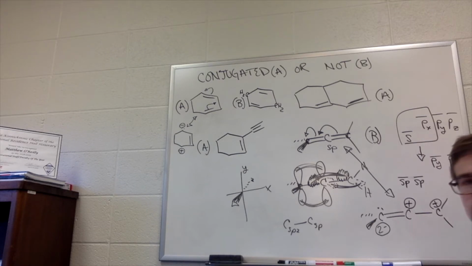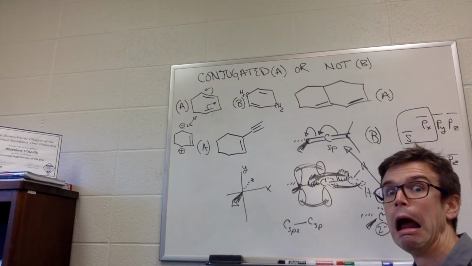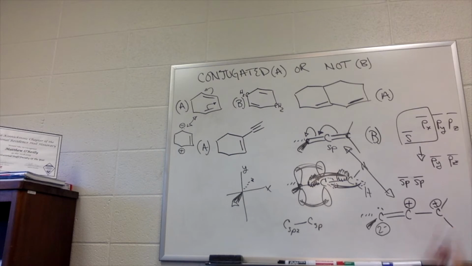So first off, all of these charges, too many charges, right? That's crazy. We would never have a molecule like that. 2 negative on 1 atom, we've never seen that ever.